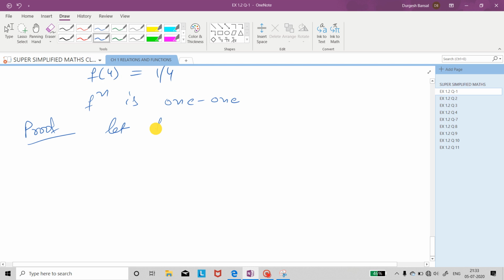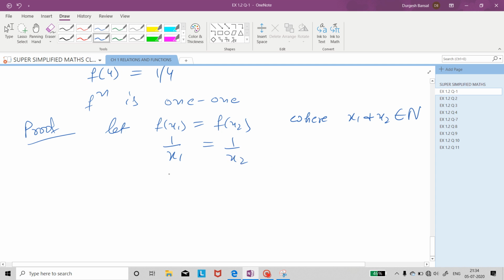Let f(x1) be equal to f(x2), where x1 and x2 are any two natural numbers, and since natural numbers are positive only, there is no need for me to take cases. f(x1) will be 1/x1, f(x2) will be 1/x2.